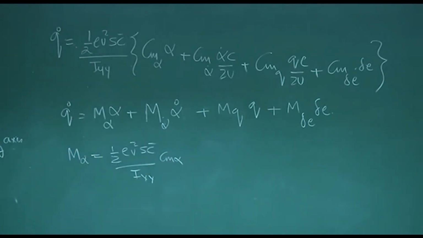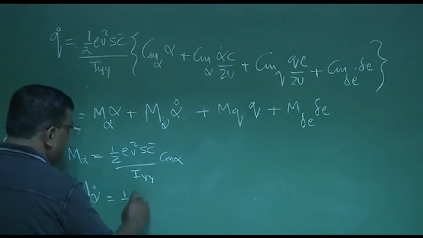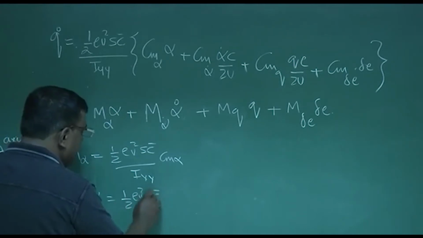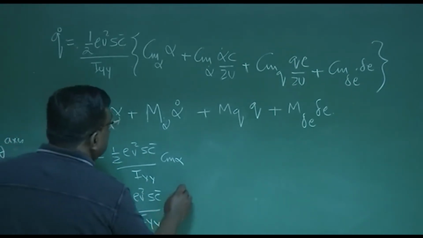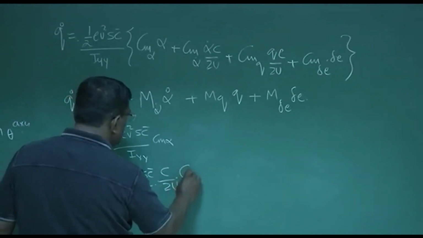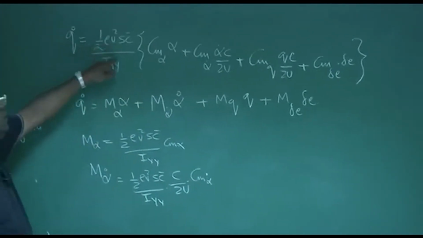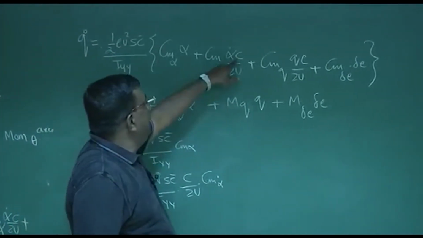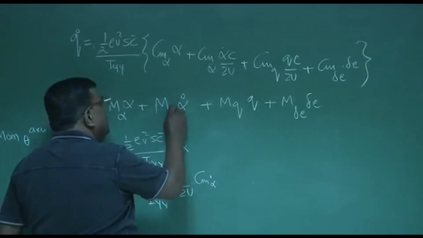Similarly, what is m alpha dot? M alpha dot is nothing but, again, half rho v square S c bar by Iyy into c by 2u into Cm alpha dot. That becomes my m alpha dot.